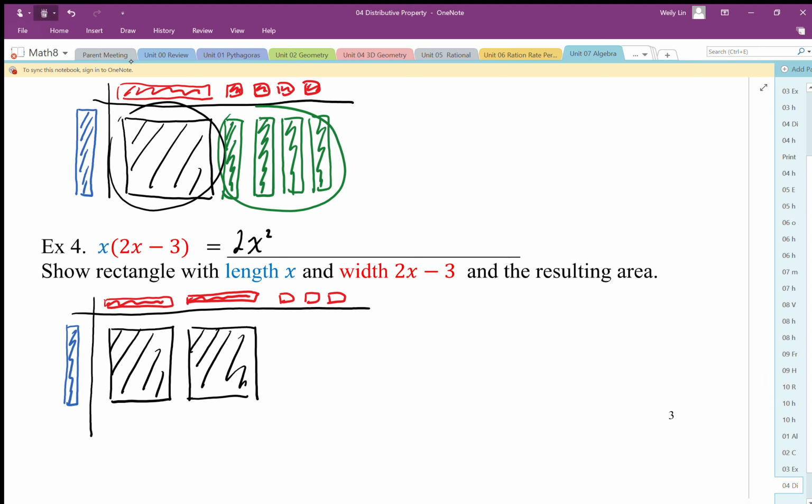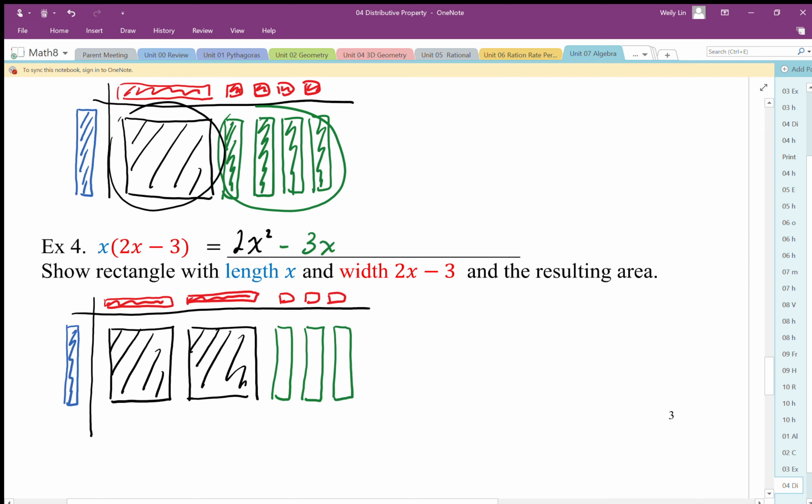The other part of my area is going to be these rectangular pieces made by -1 times positive is -x. And I have 3 -x tiles. So minus 3x. And I can see that the distribution is going to allow me to get these terms algebraically. X times 2x is 2x squared. X times -3 is minus 3x.